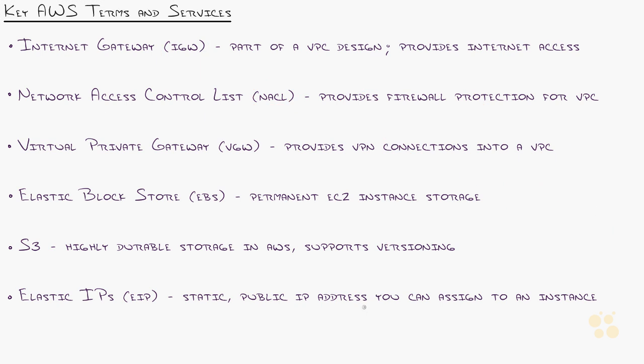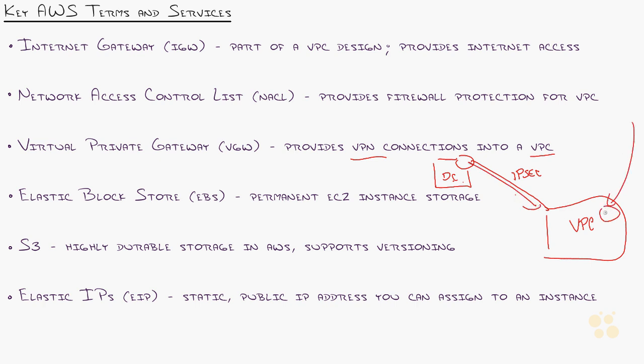Virtual private gateway is where you have VPN connections into a VPC. So if you want to take your VPC environment with all your different subnets and link it over the internet using an IPsec encrypted tunnel to your firewall at your on-premise business, or maybe another data center, you're coming into the VPC via private access rather than coming in through the internet gateway where everybody else is coming in.